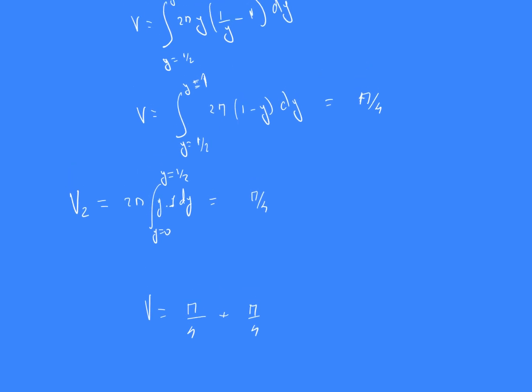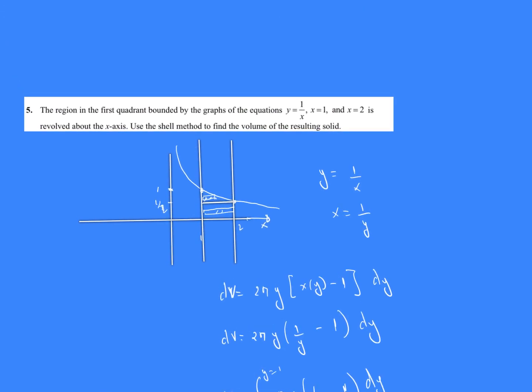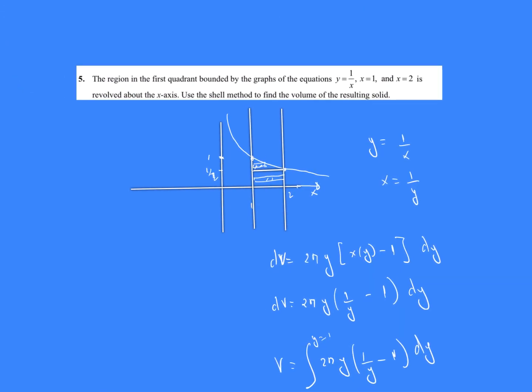The next one says like this: the region of the first quadrant bounded by the graph y equals x, y equals 1 divided by x, this graph.